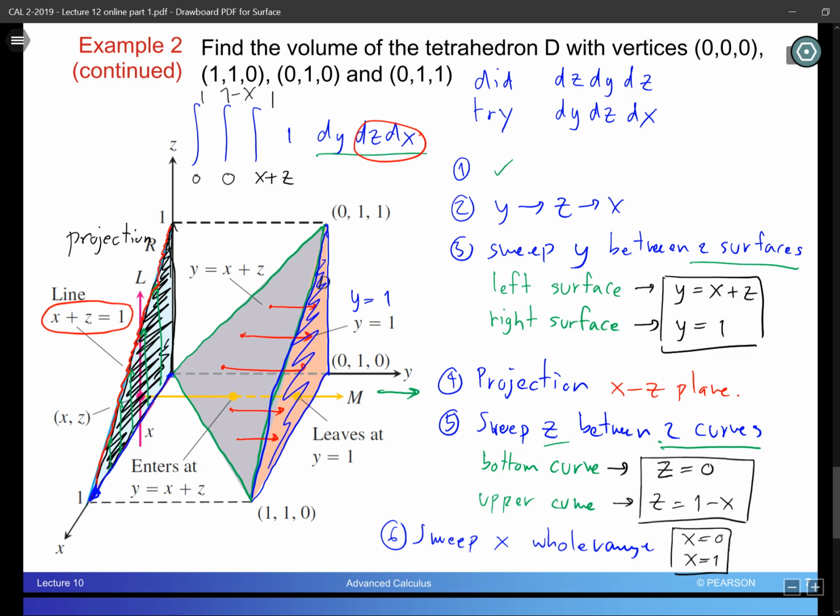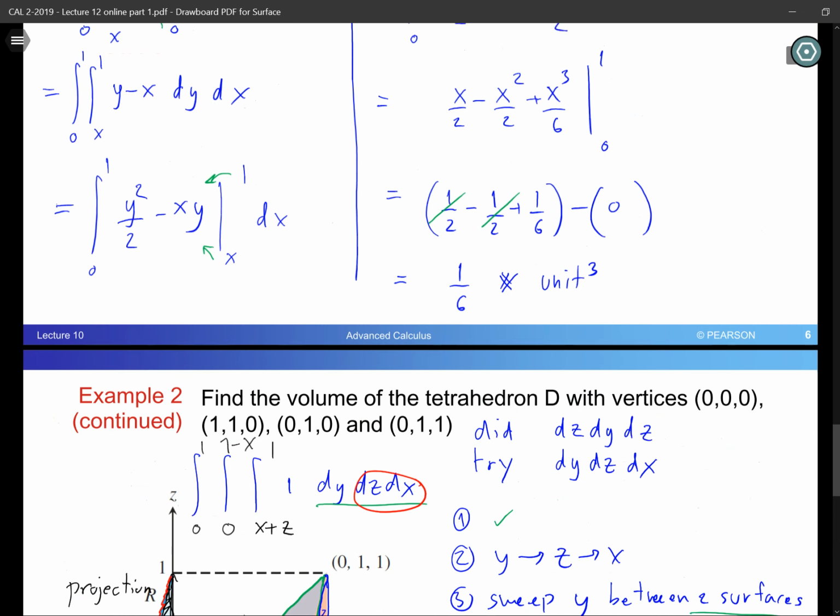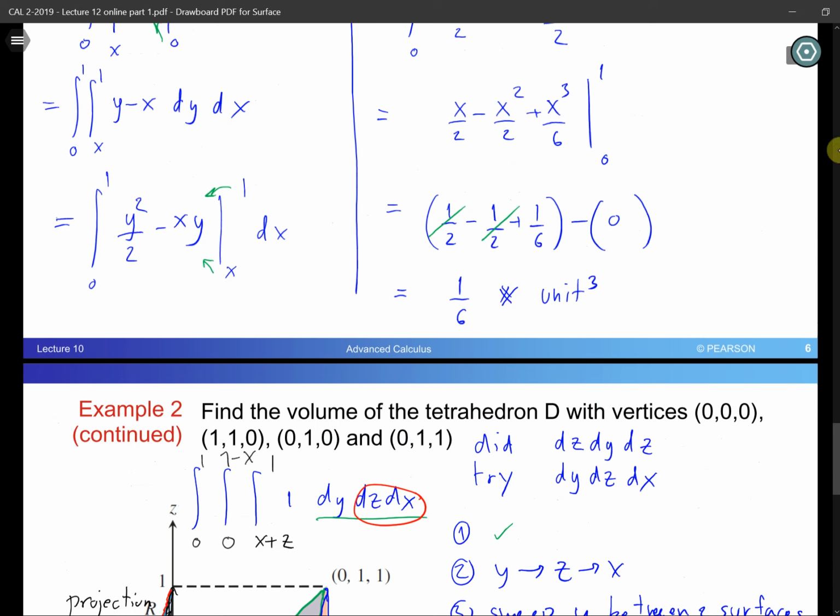Okay, and if you work on this triple integral, it's going to give you 1 over 6, just like the first try that we did up here. It's going to come out the same, but I'm not going to repeat that here.